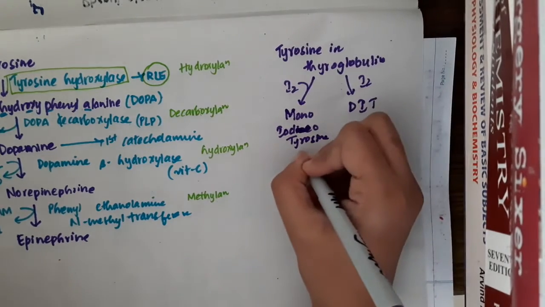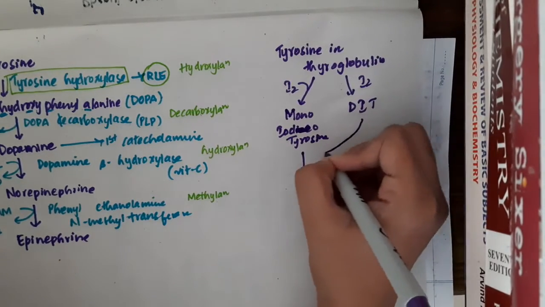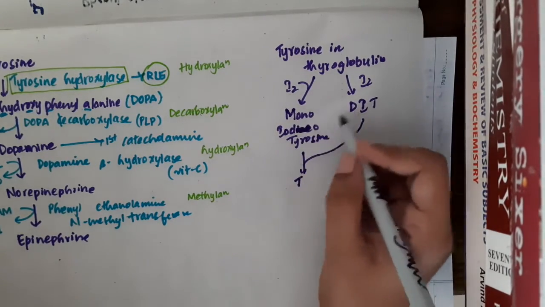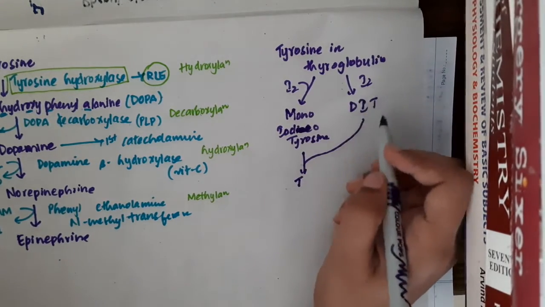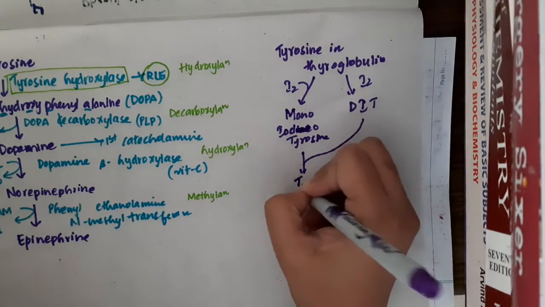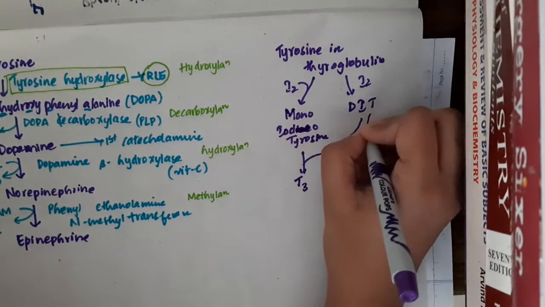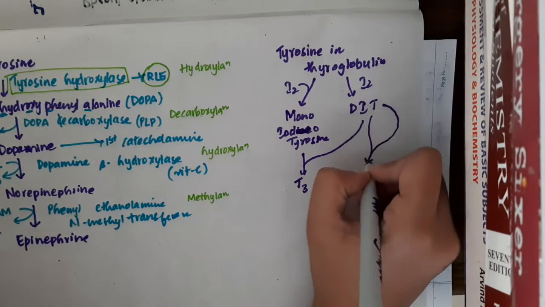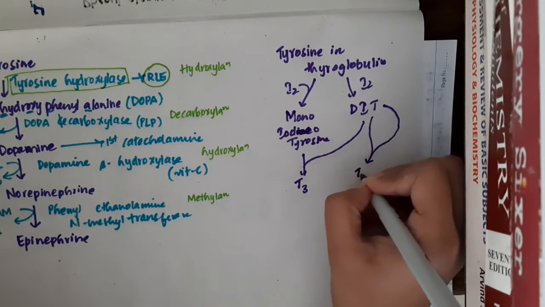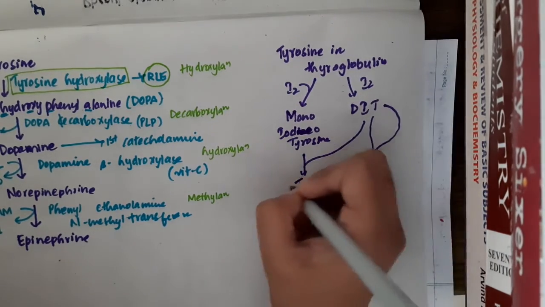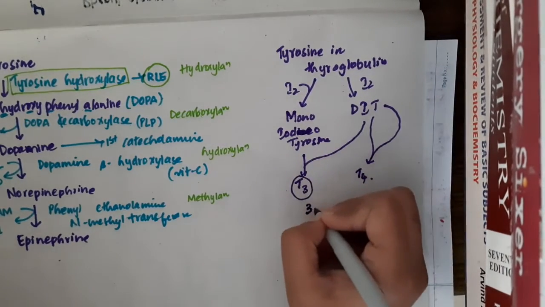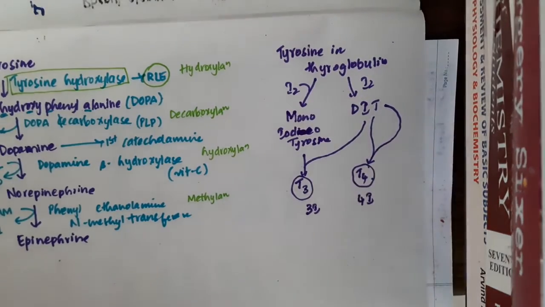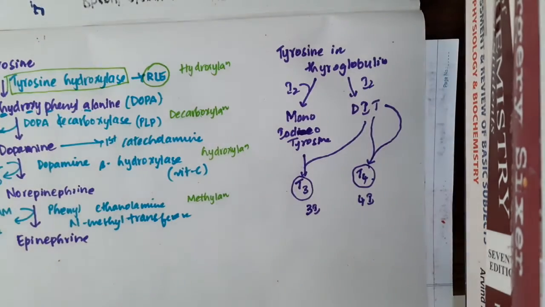Okay. If monoiodotyrosine combines with diiodotyrosine, it forms T3. Whereas diiodotyrosine combines with one more diiodotyrosine to form T4. So T3 contains 3 iodine atoms, whereas T4 contains 4 iodine atoms.